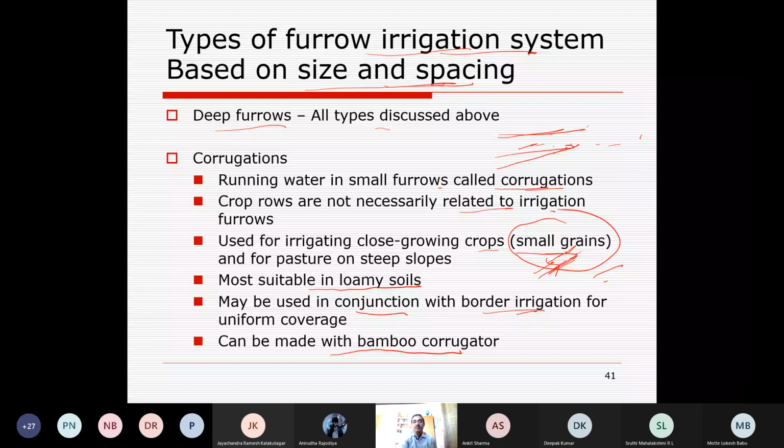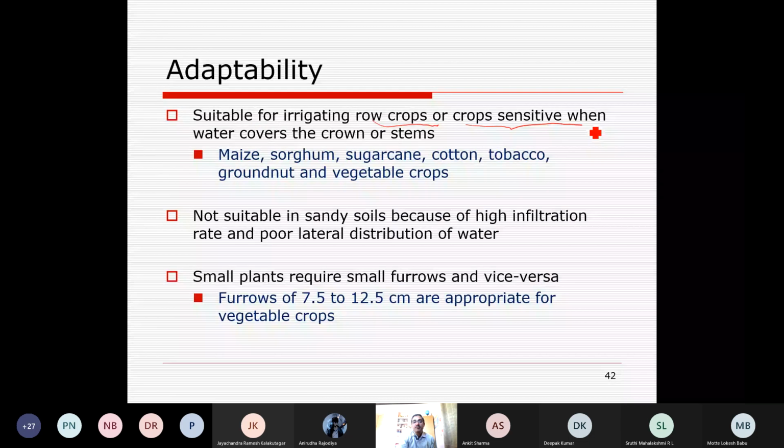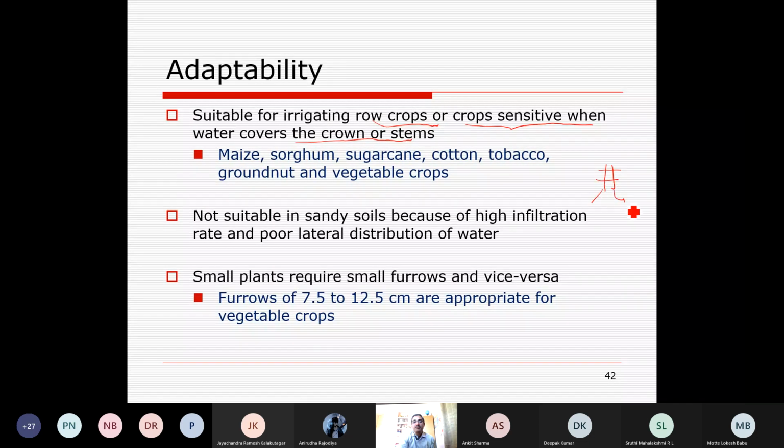Now adaptability: where it is adapted, which type of crop, which type of soil. Furrow irrigation is for row crops, those crops that are sensitive when water covers the crown of the stem. Crown means somewhere here, on the surface. This stem of the crop should not be touched.